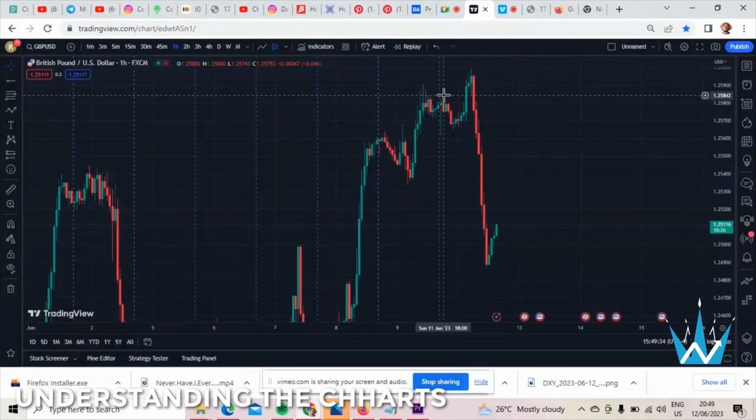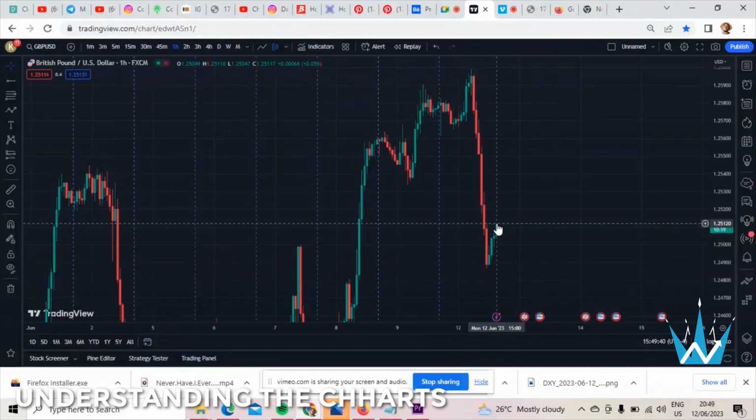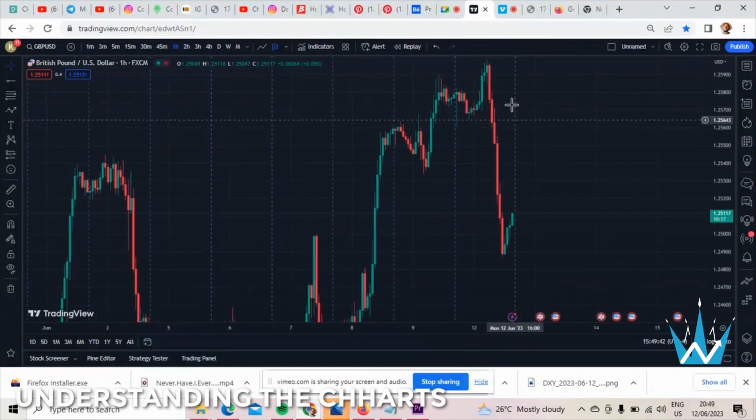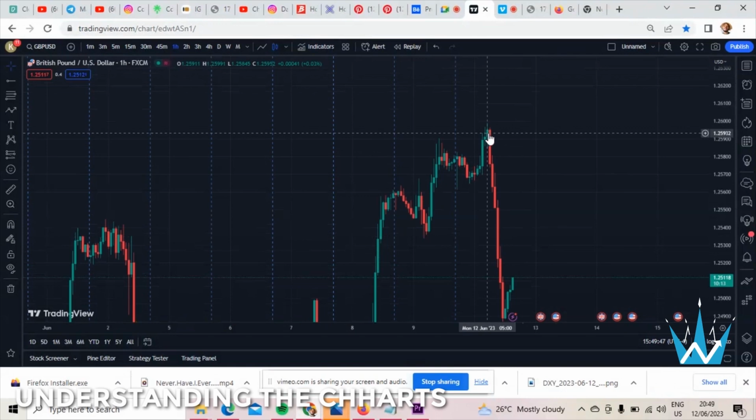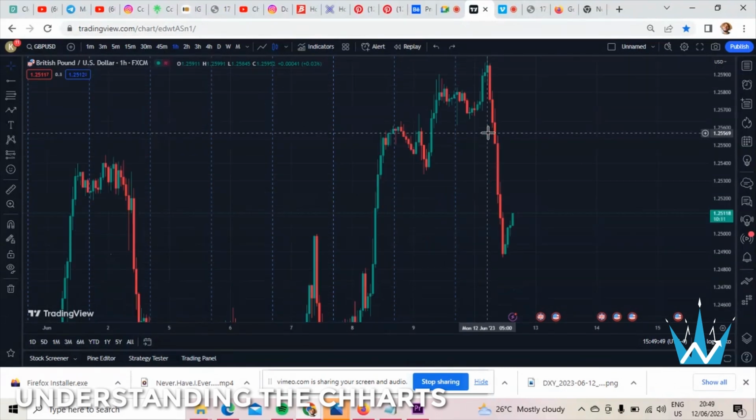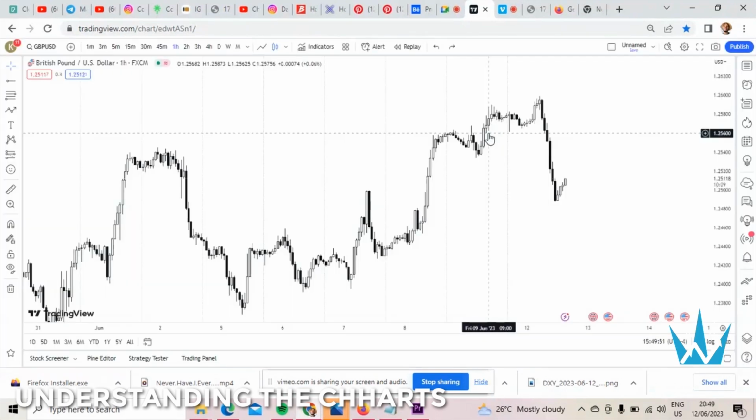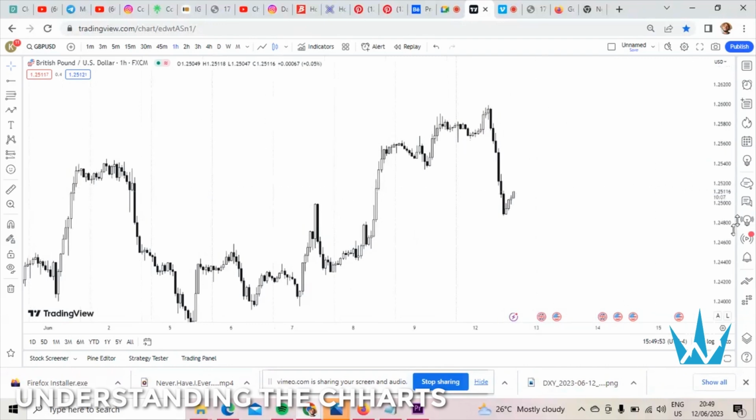So this is showing us how much £1 is in dollars. Now, all this movement you see down here, let me make sure I don't lose my chart format settings. It's good, my eyes have mastered it.